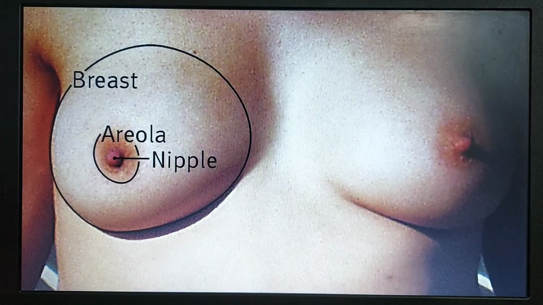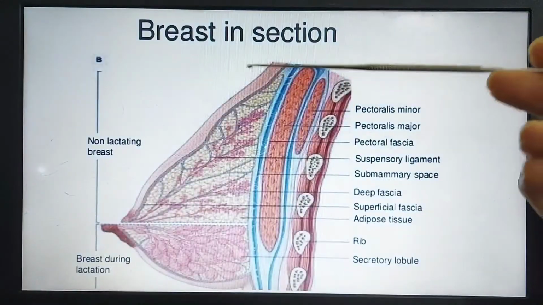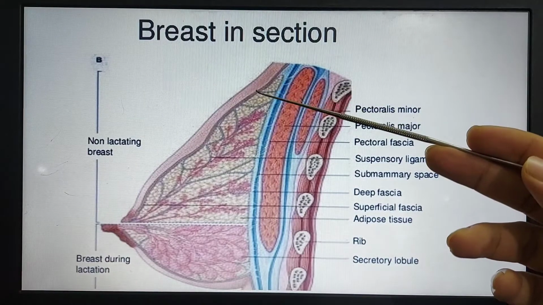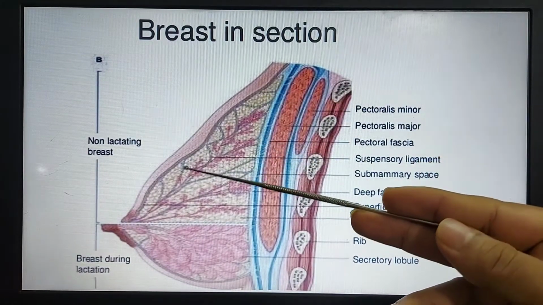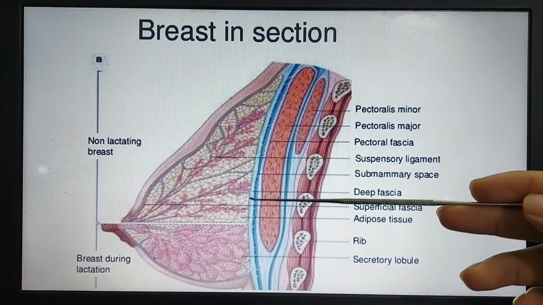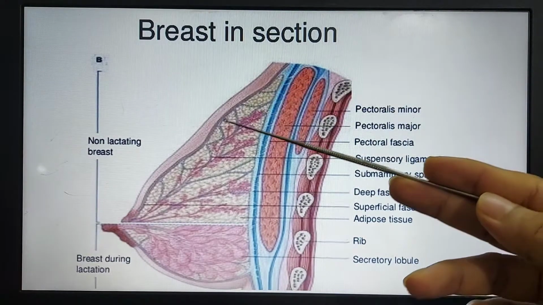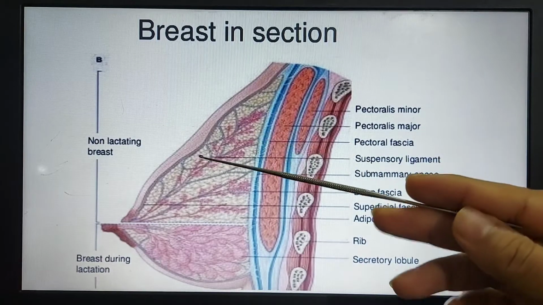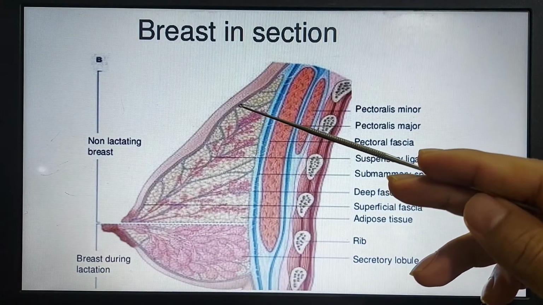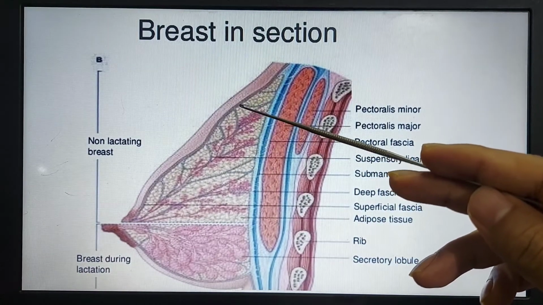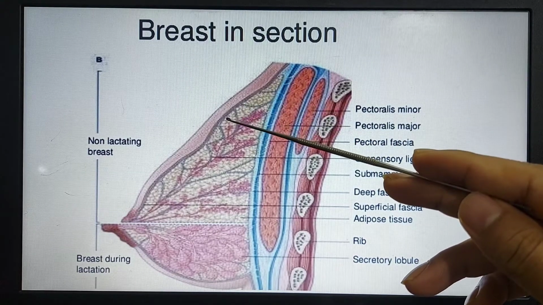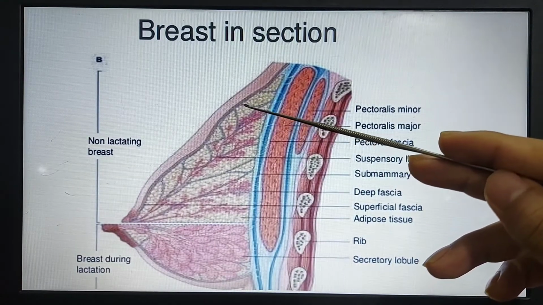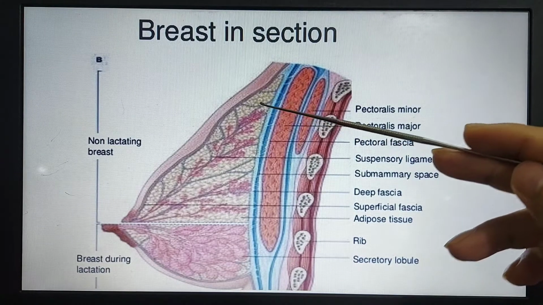The breast is situated within the superficial fascia. Here we see the superficial fascia and this is the deep fascia. From the superficial fascia, which is connective tissue, there are some septa that run like ligaments within the breast.